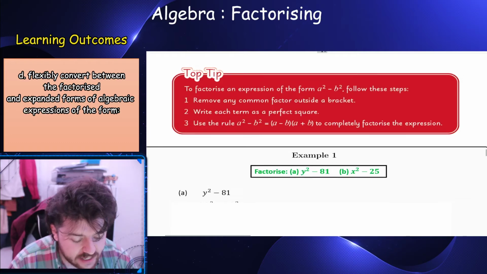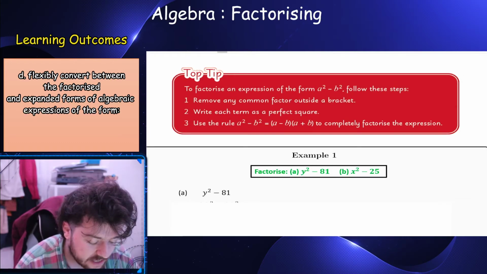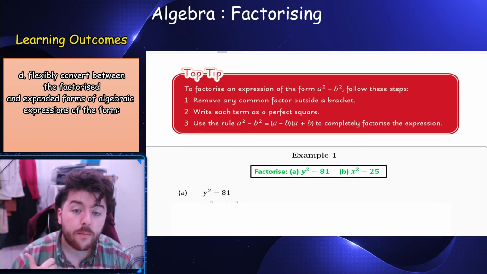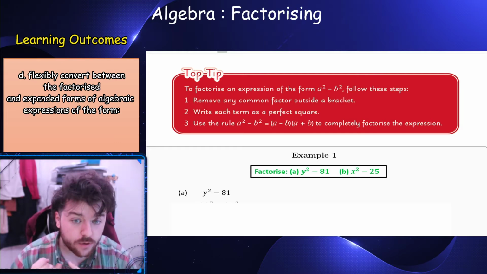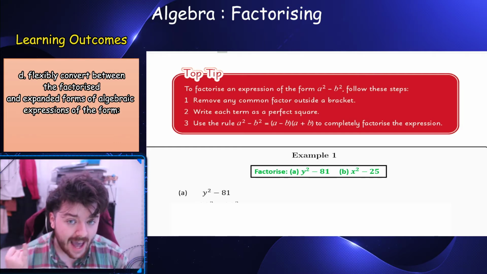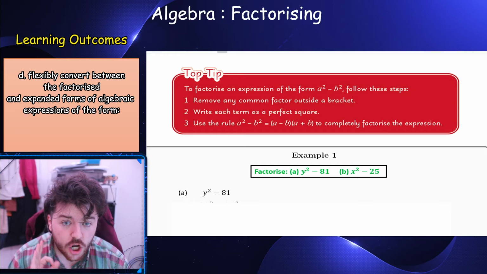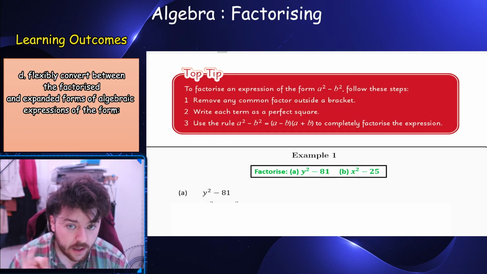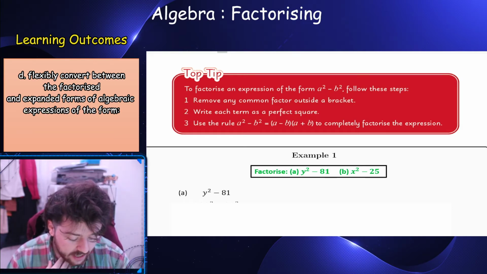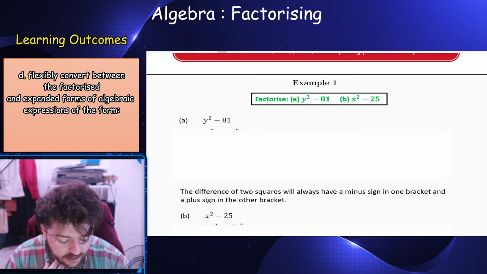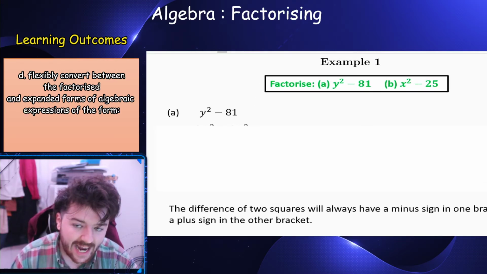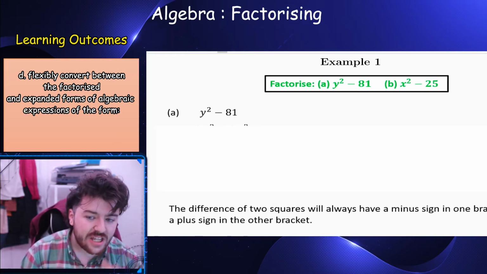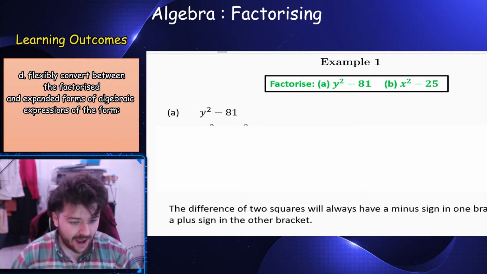So, to factorize an expression in the form a squared minus b squared, follow these steps. First, remove any common factor outside the bracket. So, do highest common factor first if you can. Write each term as a perfect square. And then use the rule accordingly. So, example here, y squared minus 81. So, difference of two squares.